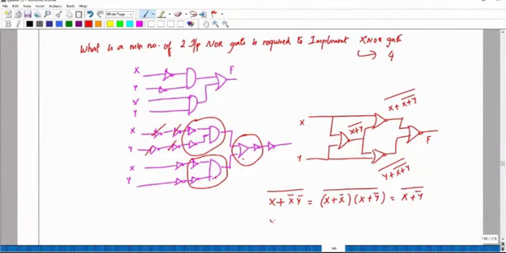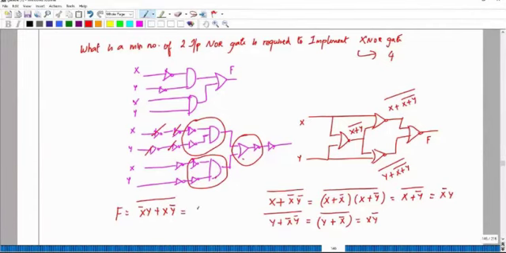Similarly, y plus x bar y bar is equal to y plus x bar the whole bar. Okay. So now I can write this one as x bar y. It is nothing but x y bar. So what is f? F is equal to x bar y plus x y bar the whole bar.